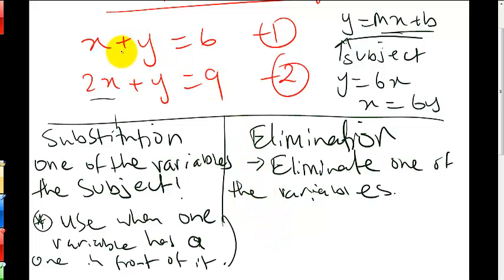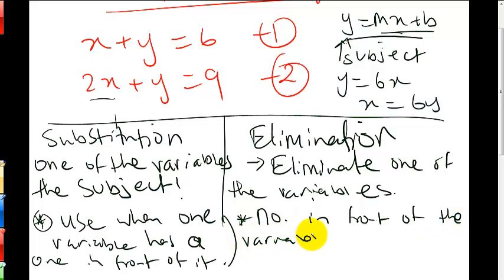So if you want to eliminate these variables, the key thing is that the number in front of the variable must be the same.